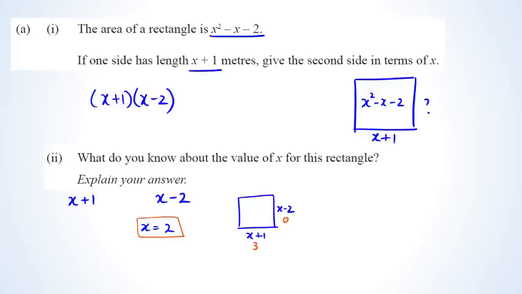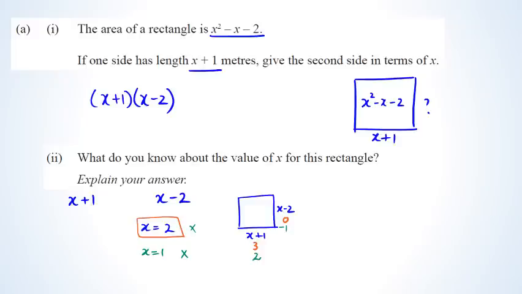Now if I put x equals 1, just to show you, the bottom side is 1 plus 1, which becomes 2, but 1 minus 2 becomes negative 1. So x cannot be 1, and x cannot be 2.